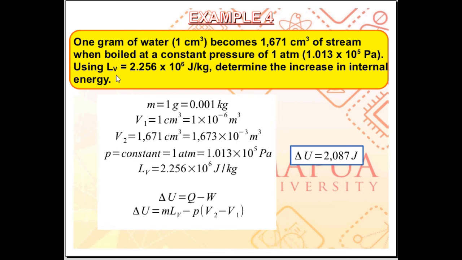Using heat of vaporization, L sub V, equal to 2.256 times 10 to the 6th power joules per kilogram, determine the increase in the internal energy of the system.